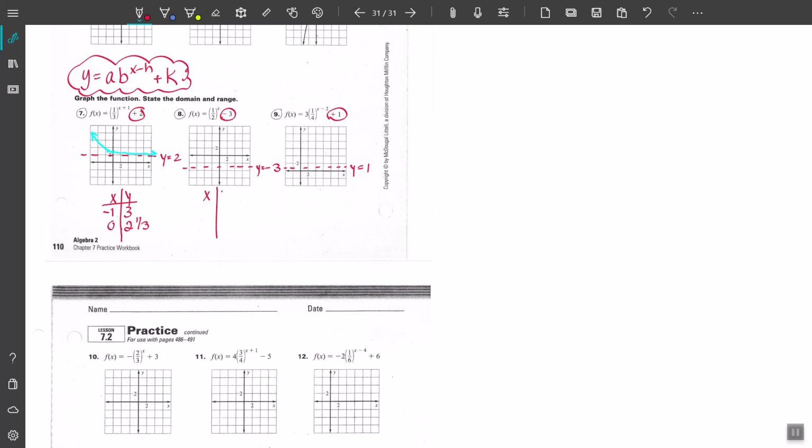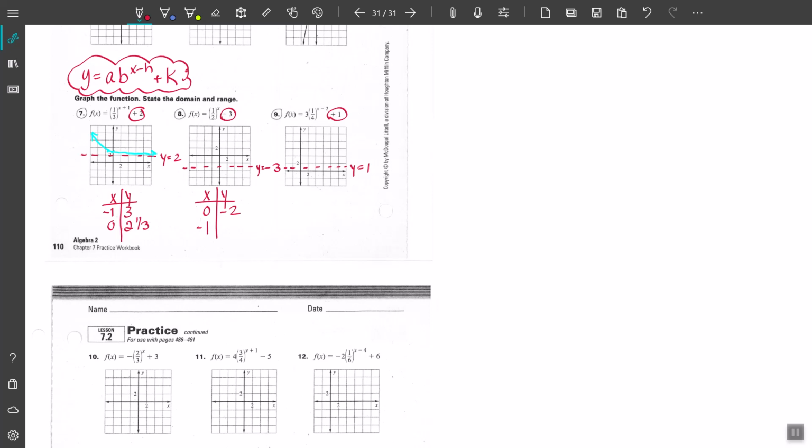All right, moving over to number 8, I'm going to try 0. And I think I'm going to try 0 and -1 on this one. The 0 will give me 1 minus 3.